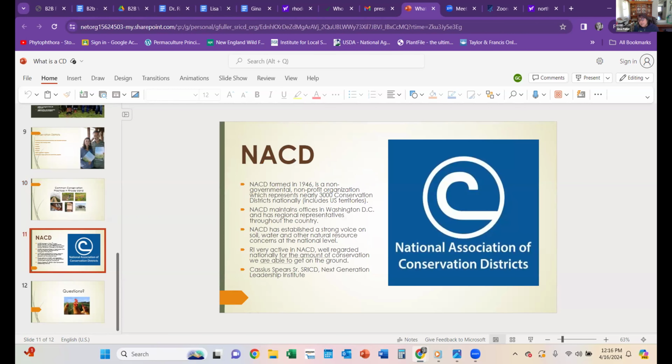And then I just wanted to again mention our National Association of Conservation Districts. We're very active in the National Association. Cassius Spears Sr., who sits on the Southern District Board, is also the president of our state association, and is very active in the National Association. It's a great opportunity for us.